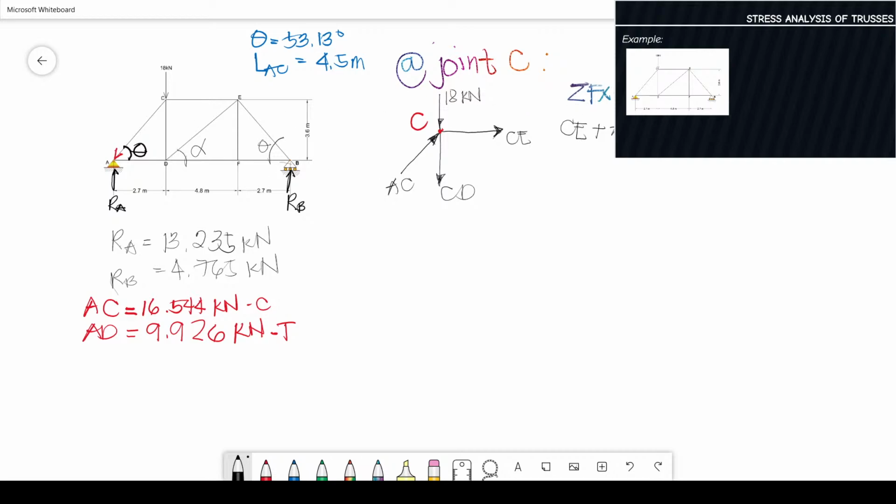You can use cosine theta, so it's just substitution. So that is negative.